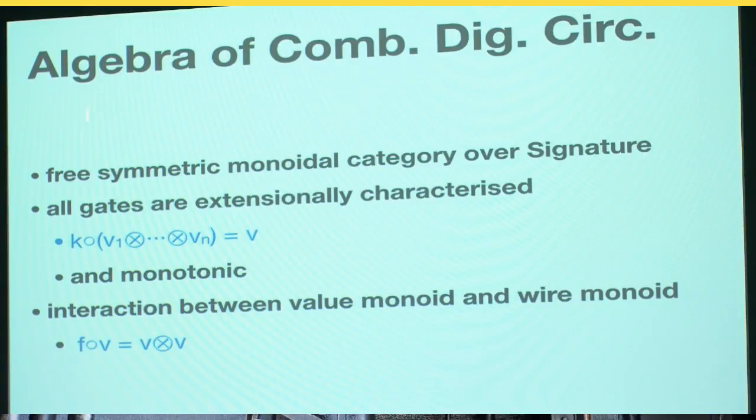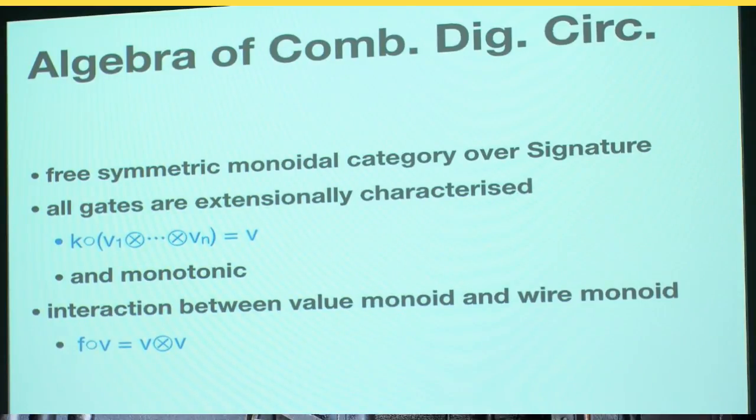So for example, what we want to say is that all the gates, all the components that we use in our circuits are extensionally characterized. So for every combination of inputs to some component, you have a unique and well-defined output. This unique and well-defined output, of course, can be top, which is the illegal value in some situation.